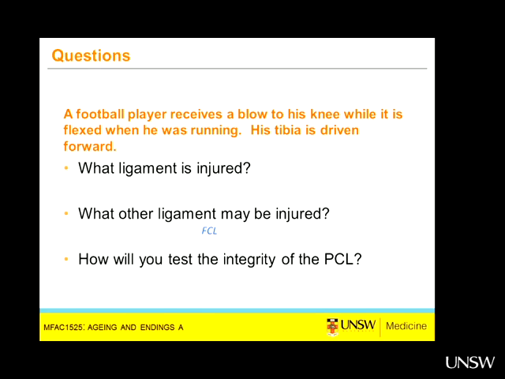We're talking about cruciate, but which one? The anterior cruciate ligament, right? The anterior cruciate ligament prevents anterior displacement. The posterior prevents posterior displacement. What other ligaments may be injured?